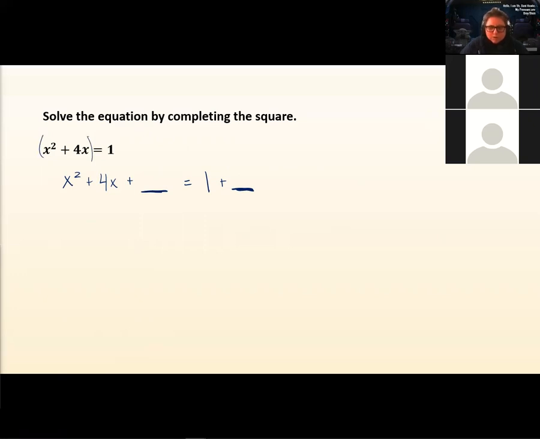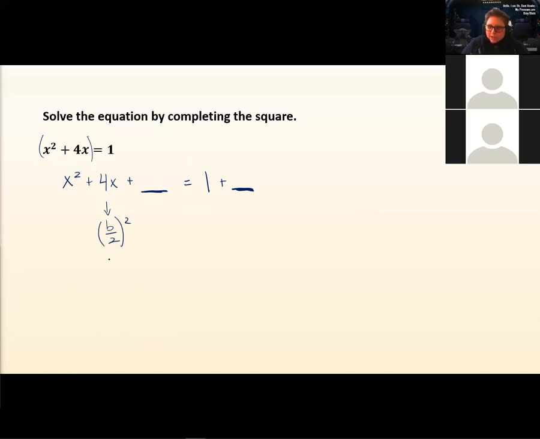So how are we going to create a perfect square? How do we find what we need to add on the left side to get a perfect square? Very good. Yeah, you take half of the middle term, which we know is b, and you square it.